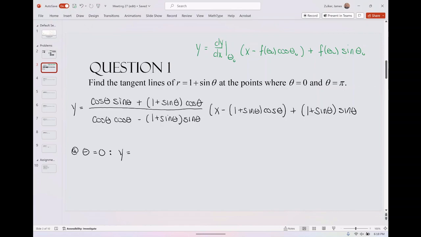This term down here is 0. What's cosine of 0? 1. 1 times 1 is 1. Slope is 1. Oh, and look, that's 0. So the tangent line is just y equals x minus 1.